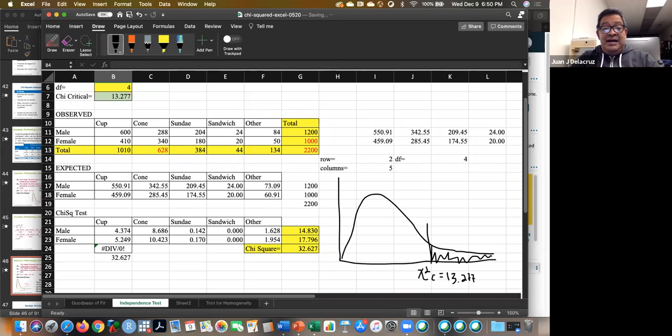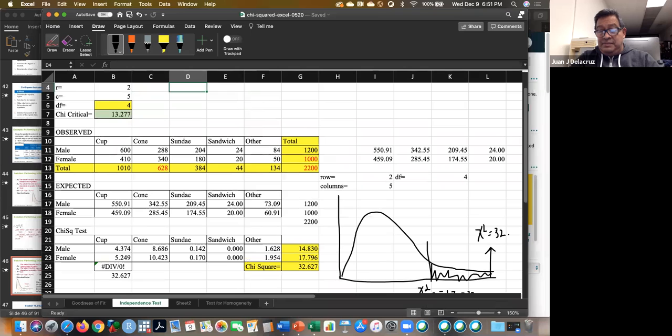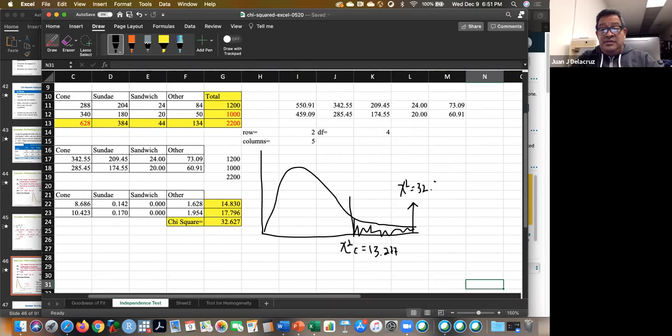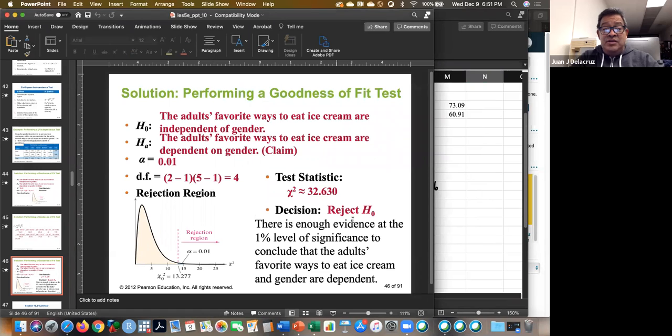So we have a chi-square test that is somewhere in here. The chi-square that we found is going to be 32.6. So we are rejecting H naught.